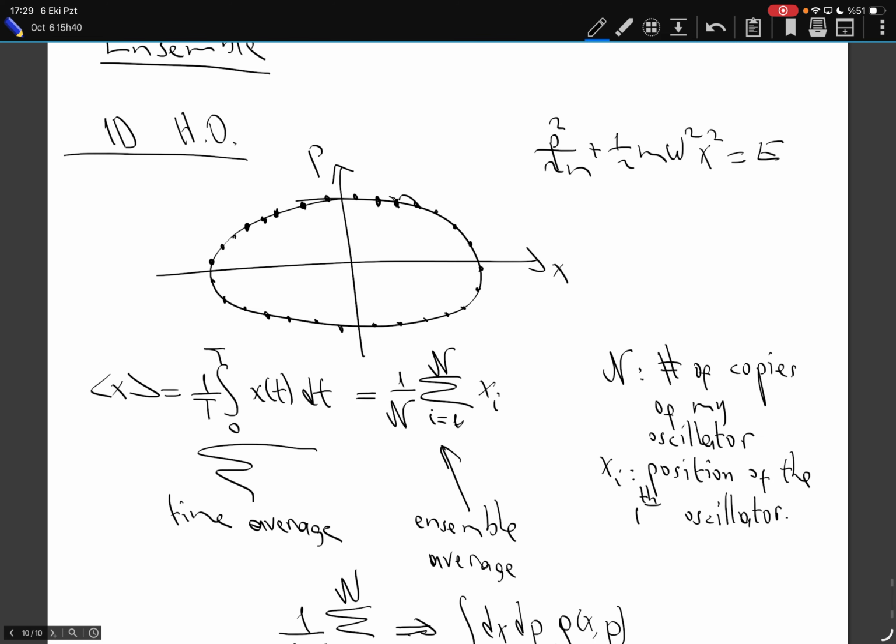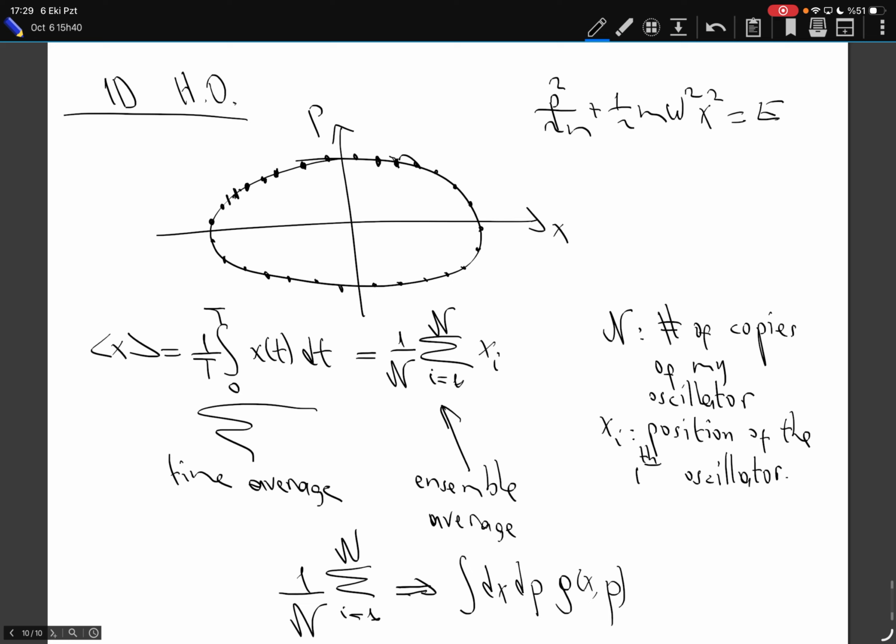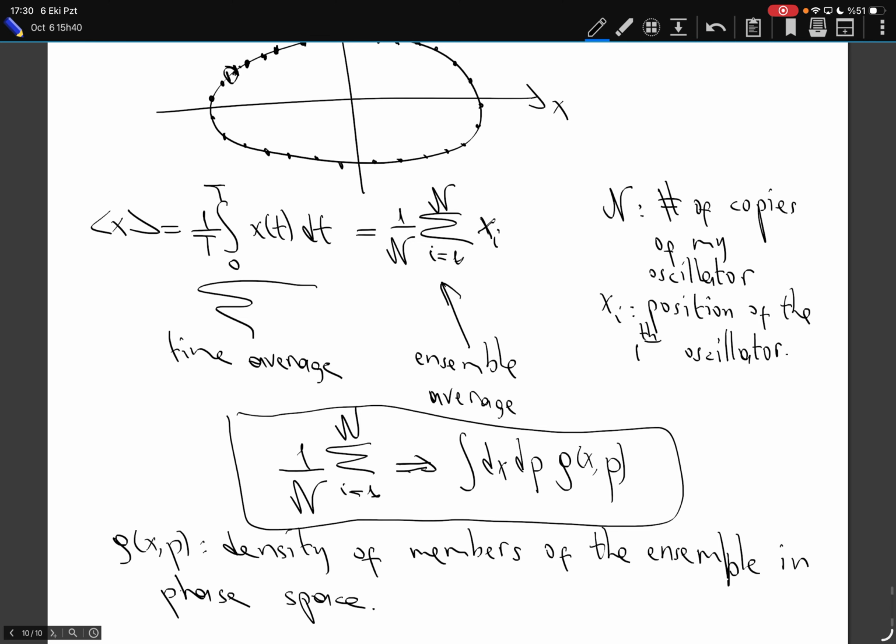But if you choose your time intervals very short, and you make many copies, not just over one period but over infinitely many periods, you will see that in this very small range, there will be many copies. I can define some density of my ensemble states within that very small interval. When I'm summing over i from 1 to n of xi, all of those copies within this very nearby interval will have the same coordinate. Rather than summing over the position of all of them one by one, I just calculate the position of one and multiply it by the total number of copies I have with that position, and sum over all positions. This is the correspondence between the summation over all copies one by one and this integration over the ensemble density.